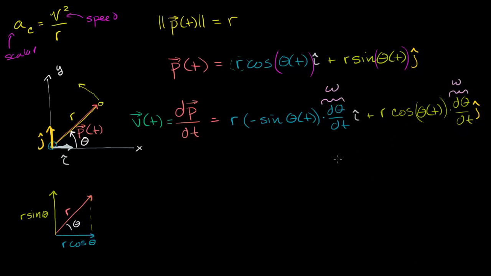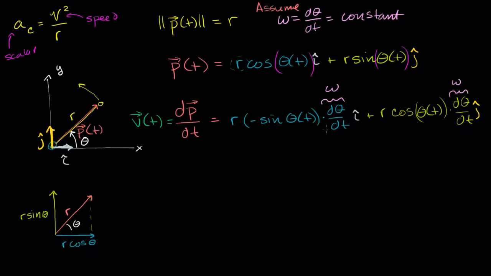And for the sake of this video, and this is an assumption that we'll have to make for this formula, we're going to assume that omega, which is the rate of change of our angle with respect to time, is constant. This is an assumption that we're making for this proof.